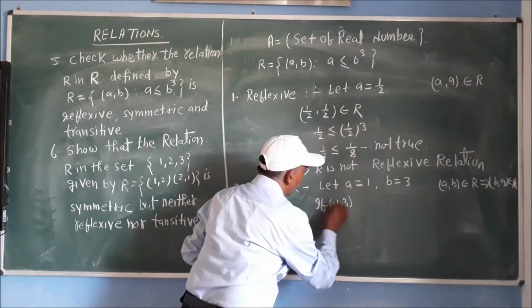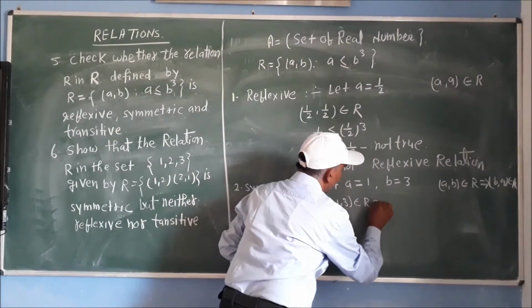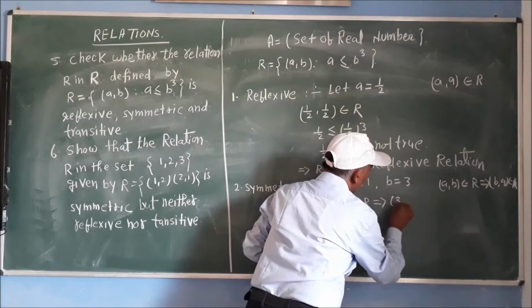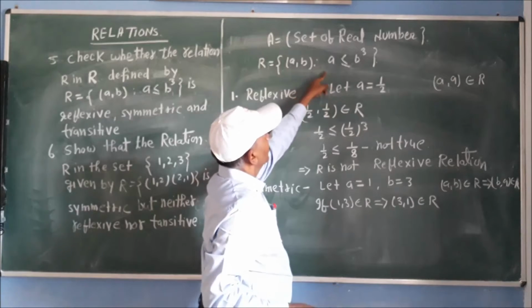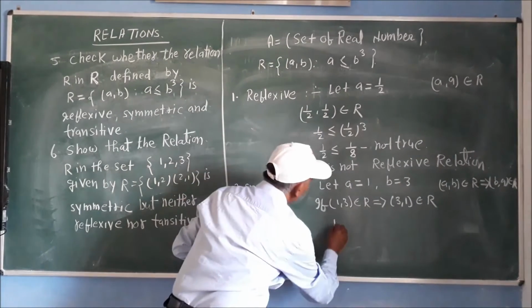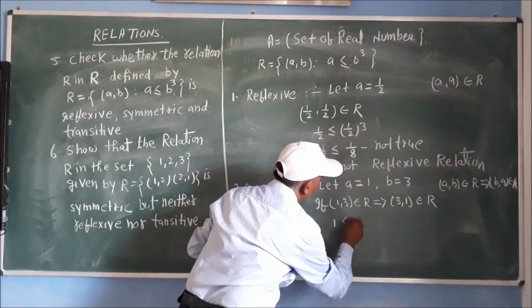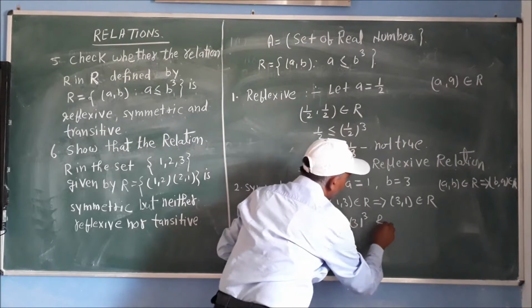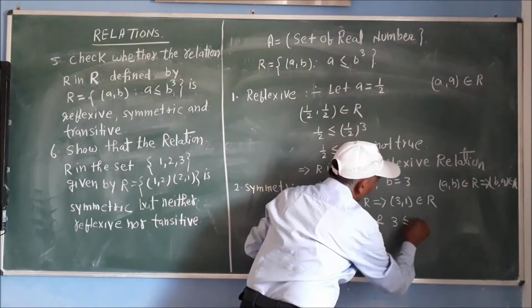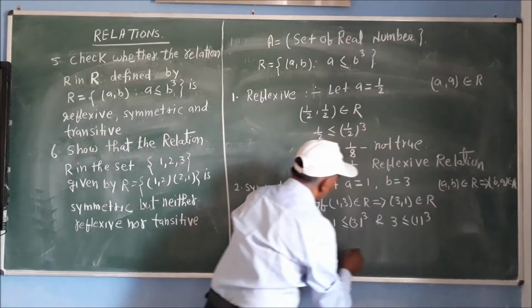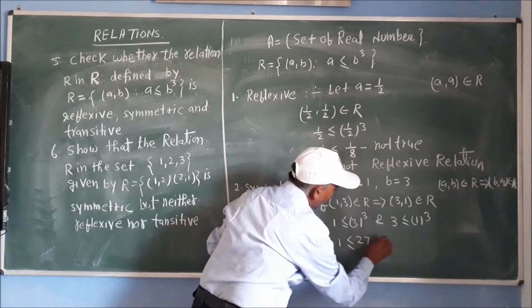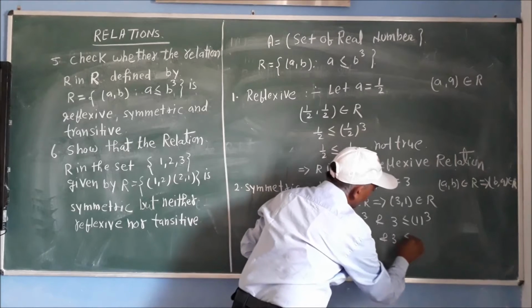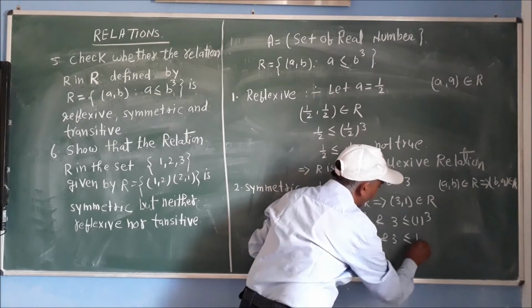If (1, 3) belongs to R, this implies (3, 1) must belong to R. Let us check the given result. 1 ≤ 3³ and 3 ≤ 1³. 3³ is 27 and 1³ is 1.